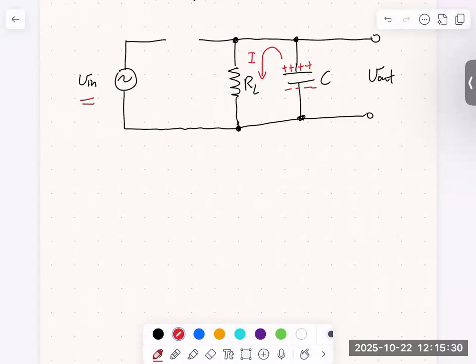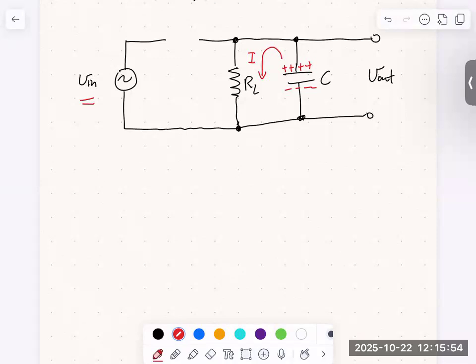And so really the only important part of our circuit is the parallel capacitor and RL and the discharging of this capacitor through RL. So as we bleed off charge from the capacitor, V out will drop, but we're going to try to make that discharge very slow so that we get an approximately constant V out.